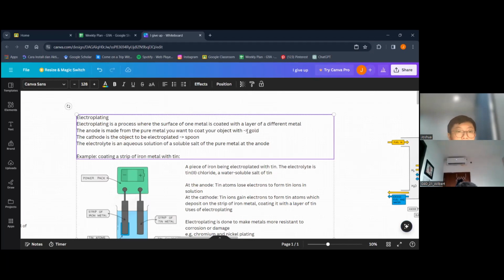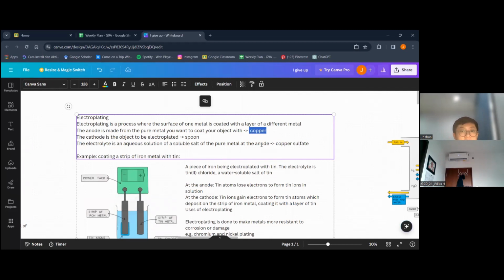And your electrolyte is an aqueous solution of the soluble salt of the pure metal, the anode. So let's just change this to copper. So the electrolyte would be made of copper sulfate. Now, we use a copper salt because we want to coat it with copper.